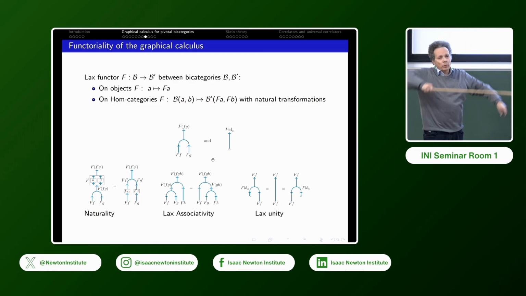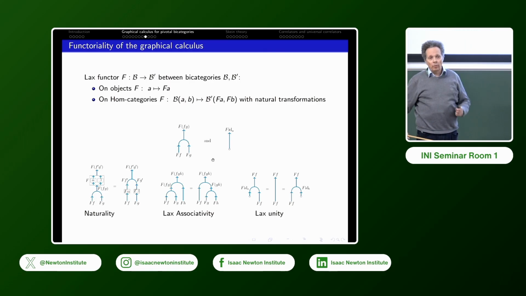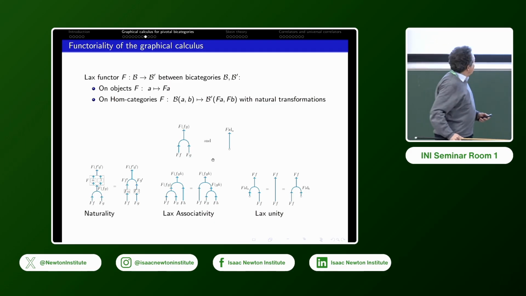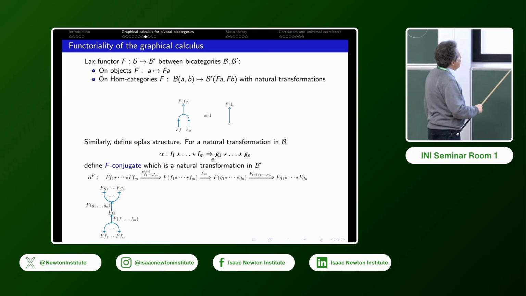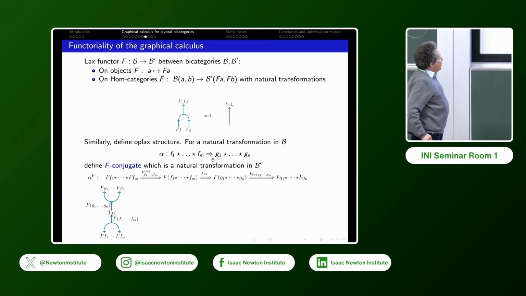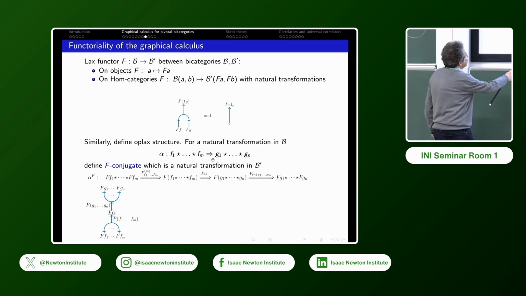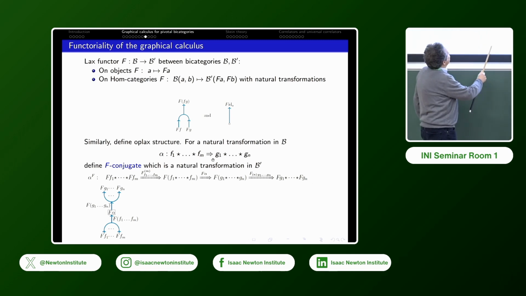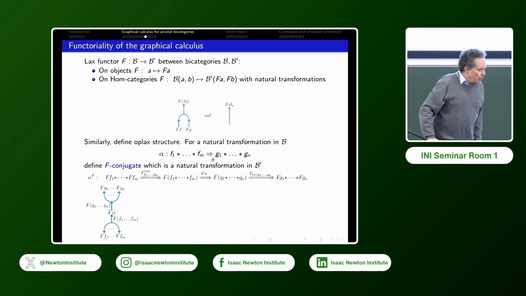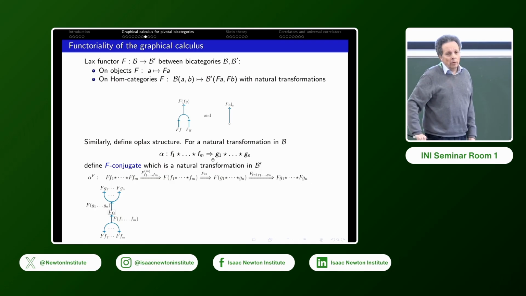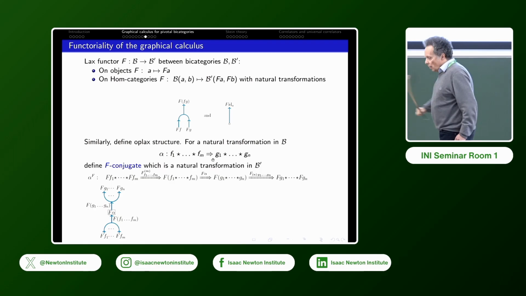You take the diagrams, you reflect them, and you read them from top to bottom instead of from bottom to top. If you do this, then you get not just a multiplication, but a co-multiplication. And I'm not claiming here that such an oblax structure or such a lax structure are invertible. And even if they are invertible, I don't necessarily want them to be inverses of each other.